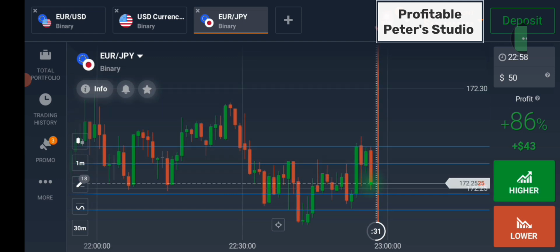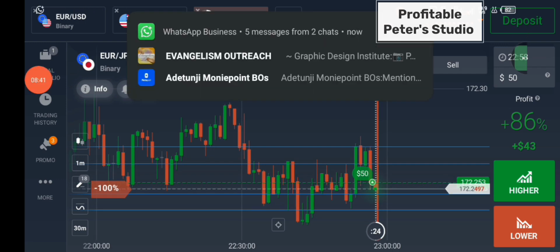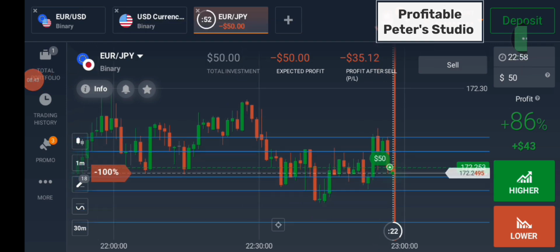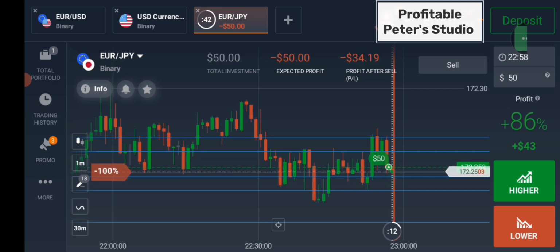Okay, so I've placed a buy trade. This is the buyer zone, buyer's area. So the buyers are likely to push the price to the upside. You can see previously it's been reversing at this area. Let's hope that the buyers will be strong here and they'll push the price back up to the upside.